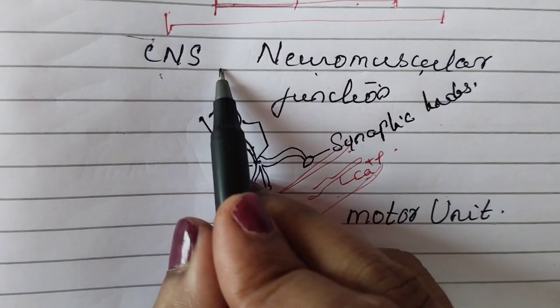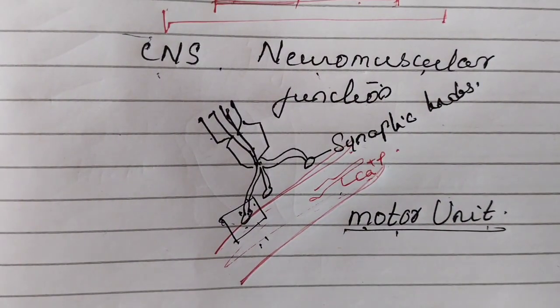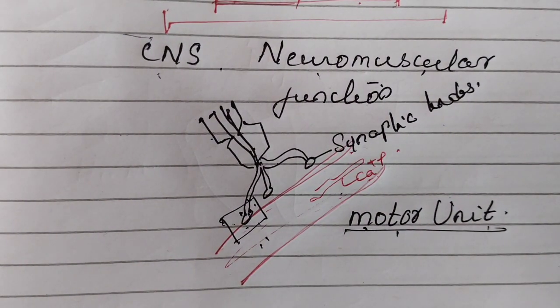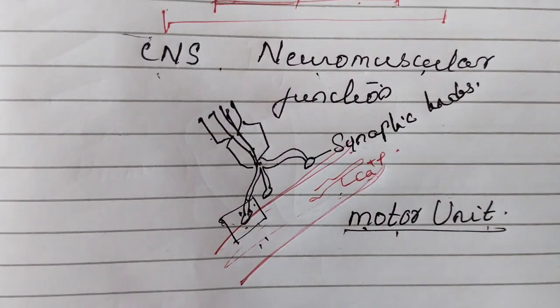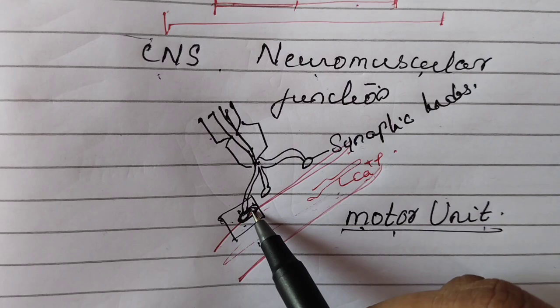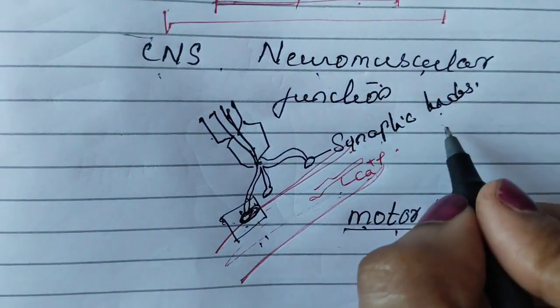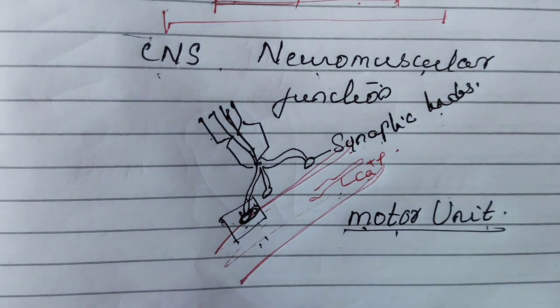So from the CNS, the message reaches the neuromuscular junction at the motor unit. At the end of the neuron, that means the synaptic nodes or the nerve ending, there are actually vesicles called synaptic vesicles.